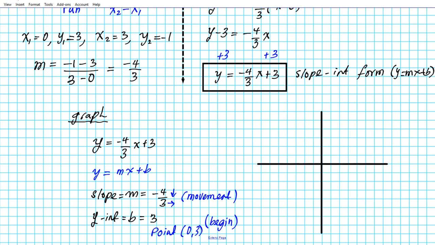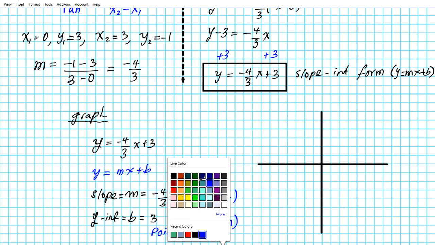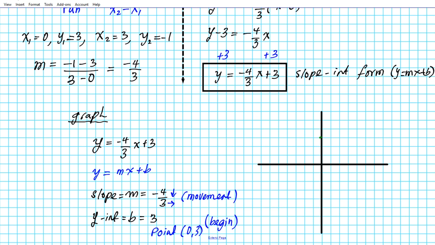So we start from our beginning, y-intercept of 3, or 0, 3. Let's graph that. So 1, 2, 3, 0, 3. That's where you begin. You rise negative 4, so you fall 1, 2, 3, 4, and run 1, 2, 3. Bam.